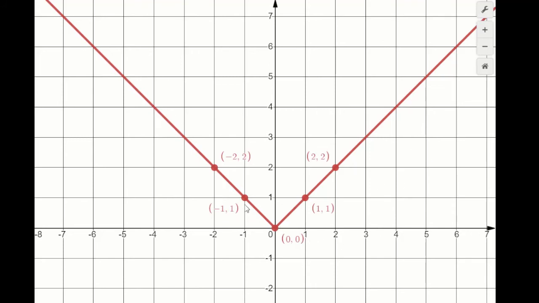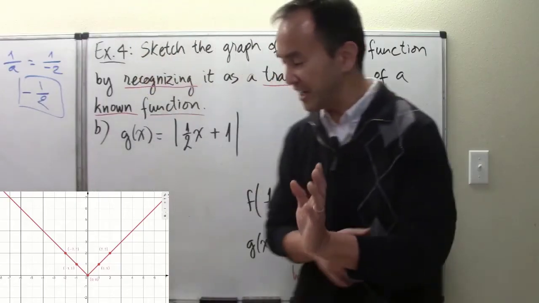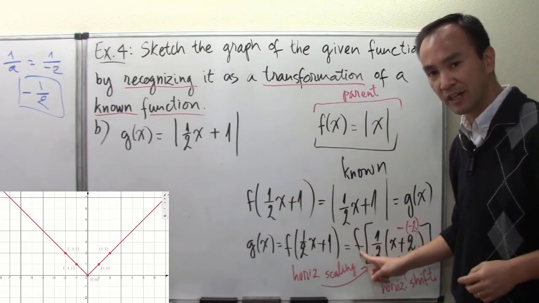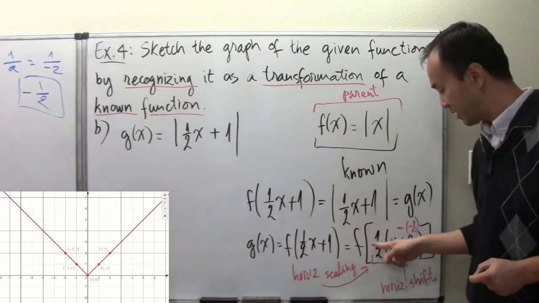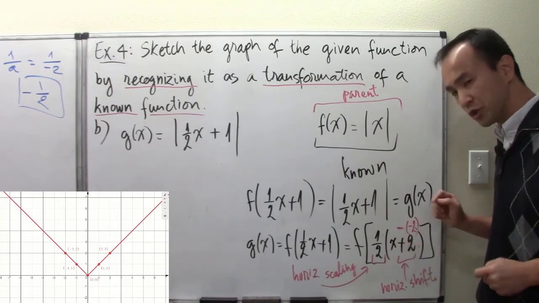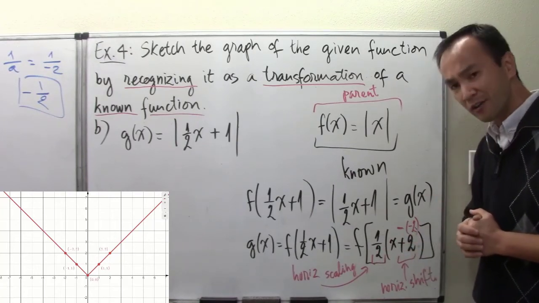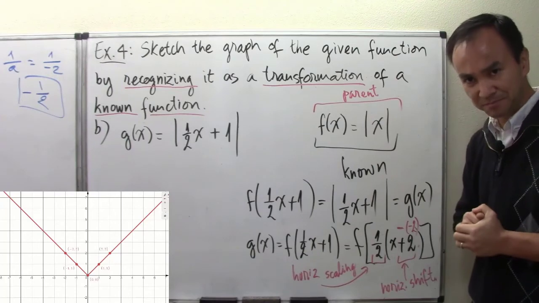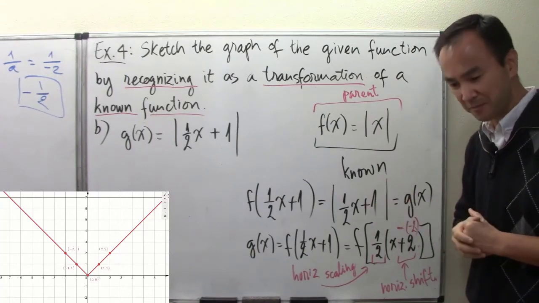And so these are the points right on the grid that define our shape. It's a V shape, famously. And so now we want to see how that shape will be transformed according to this rule over here. So it's f of 1/2 times in parentheses x plus 2. All right. So now I'm going to advance to the other board to get the work completed.